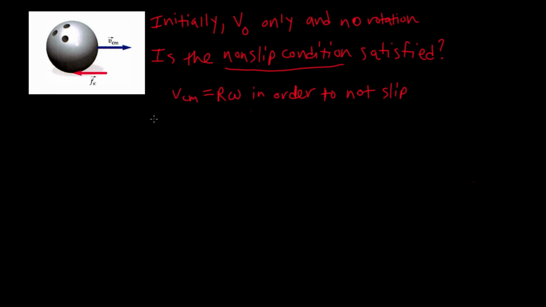Now, what if the condition was not satisfied? Meaning if the velocity of the center of mass did not equal the radius of the ball times its angular speed. If this condition is not satisfied, then the ball will slip.